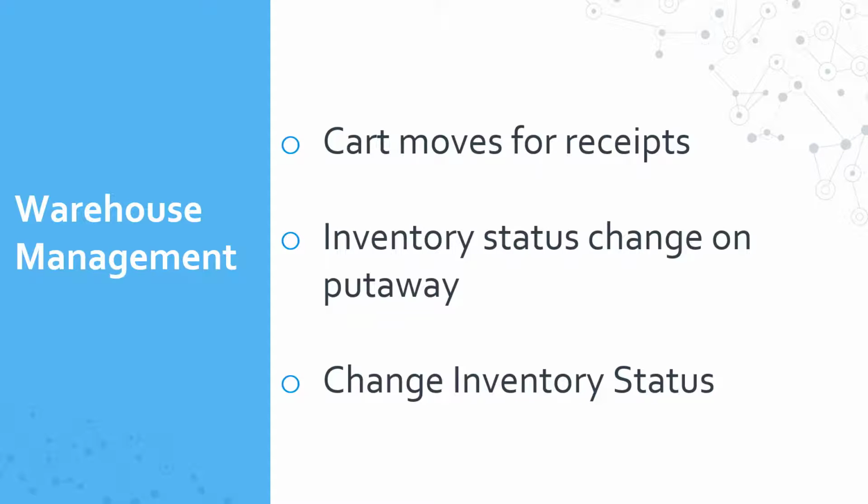Items can be transferred from a cart to a storage location in either a full or partial put-away. Additionally, inventory statuses can now be set when performing a put-away of received items. Speaking of inventory status, the inventory mobile page now includes a change inventory status option, which you can use to change the inventory status of items using your mobile device.